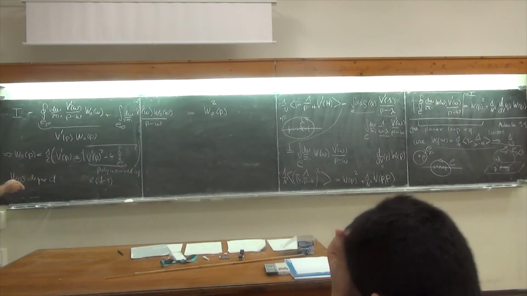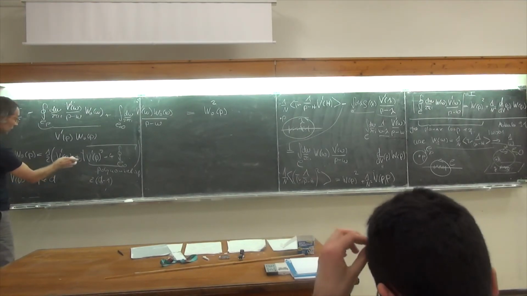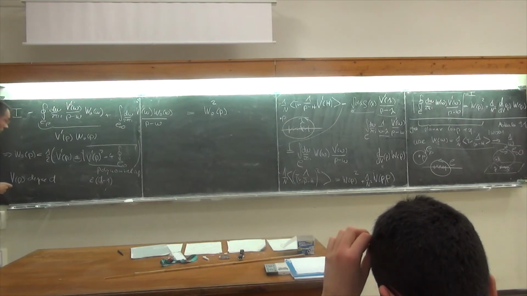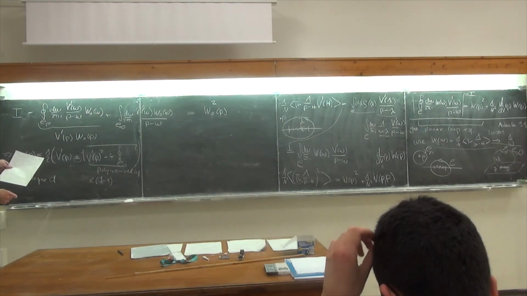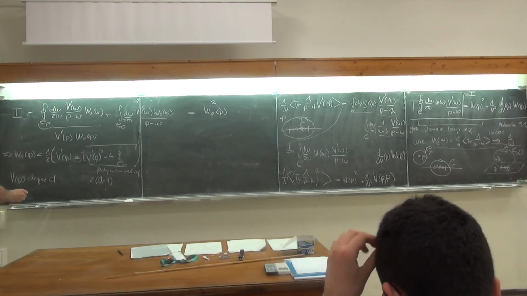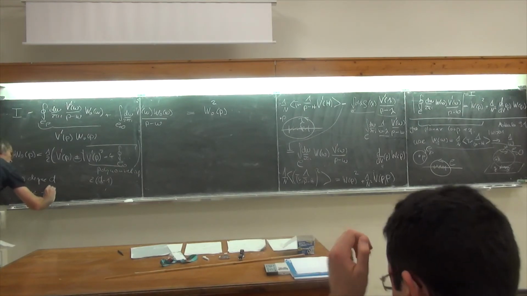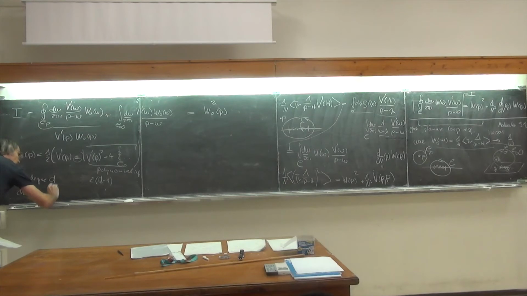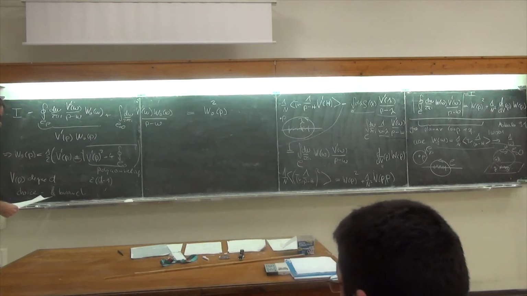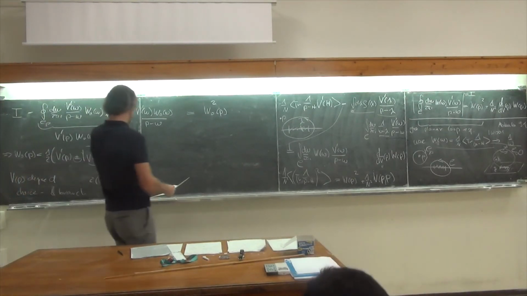So choice of branches are such, we pick the minus sign. So choice: minus branch. Okay, now we are almost done with this calculation.